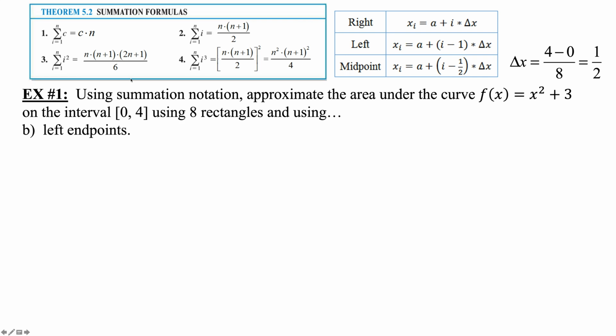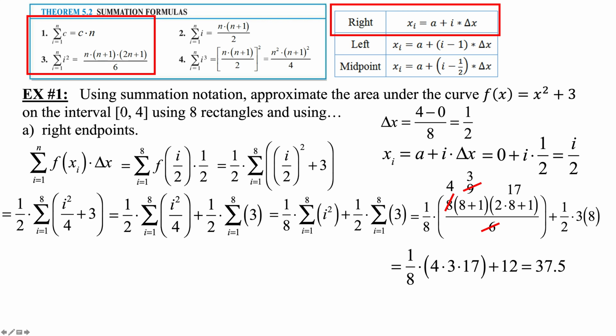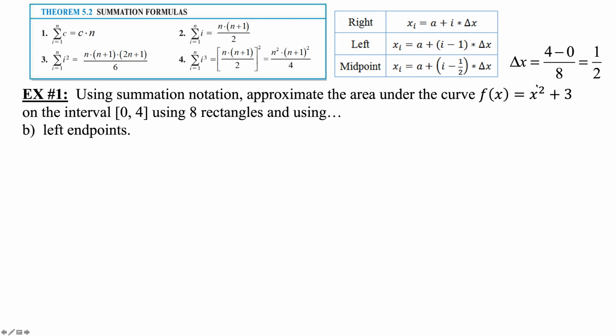All right, so now let's do part B. Let's do left endpoints. Same as before. 0 to 4, 8 rectangles, same change in x. But now we have to use this formula right here. So my x sub i equals a, which was 0, plus i minus 1 times a half.